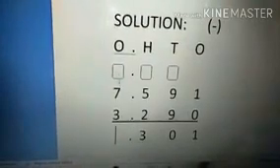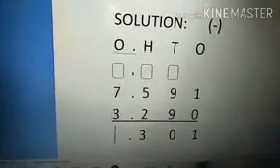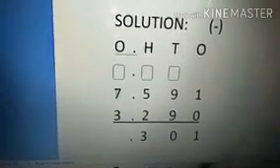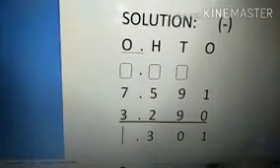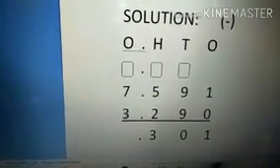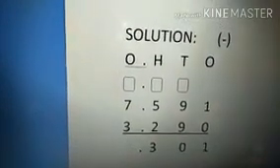Next, ones place, we have 7 and 3. So 3 is the smaller number. The first number is the greater number. So we can subtract. 3 in the mind. After 3: 4, 5, 6, 7. So we reach 7. Now you see how many fingers you took, children? 4. So what do you want to write here? 4.